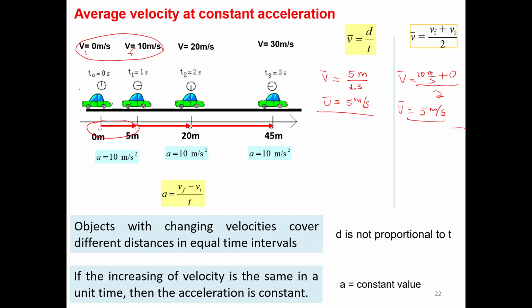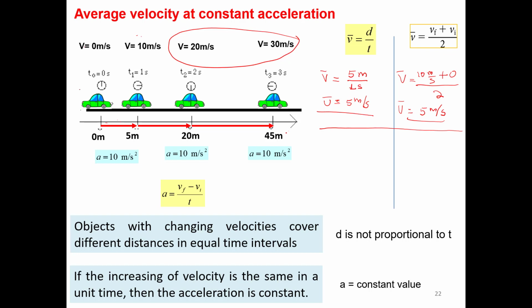And let's calculate for one more segment. Maybe we can try it for the last segment. Let's try it for the last segment, and let's calculate the average velocity for the last segment.